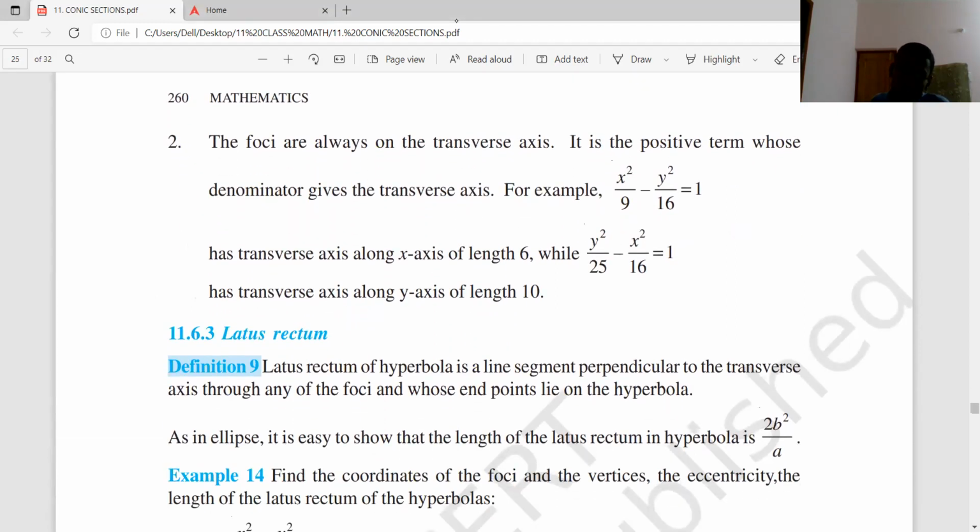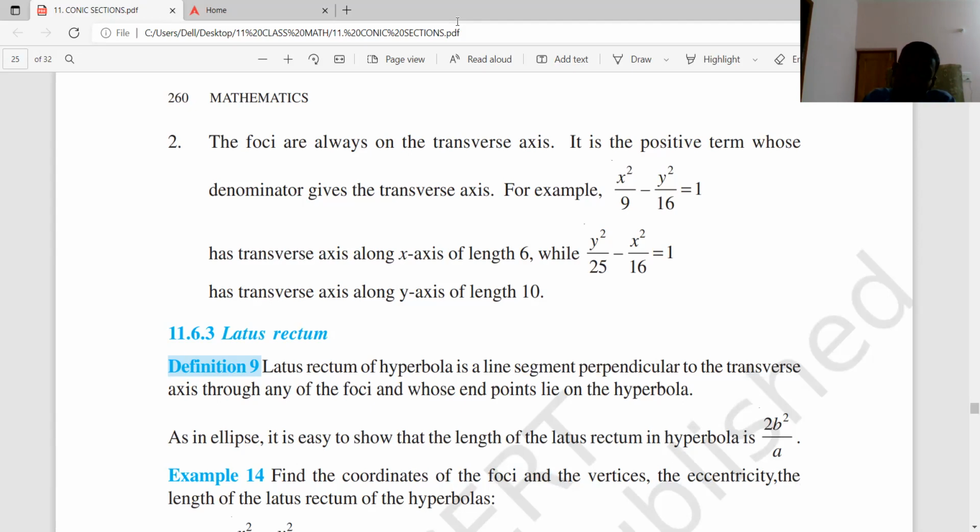Here also latus rectum is the same. What is latus rectum? Same thing. The chord through the foci and perpendicular to the transverse axis, or parallel to the conjugate axis, is called the latus rectum.